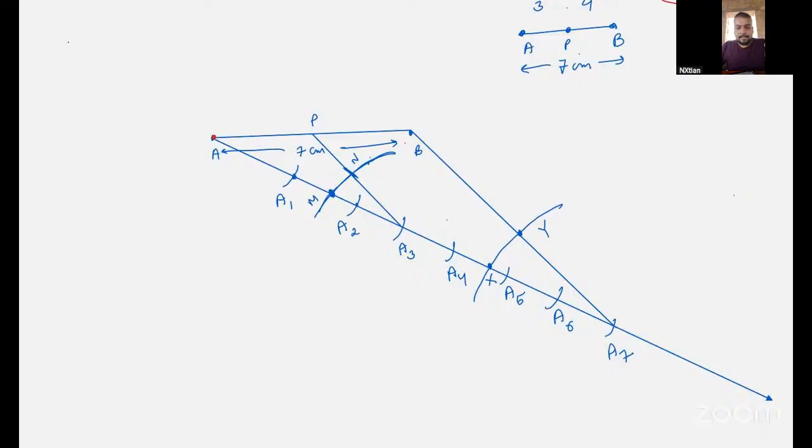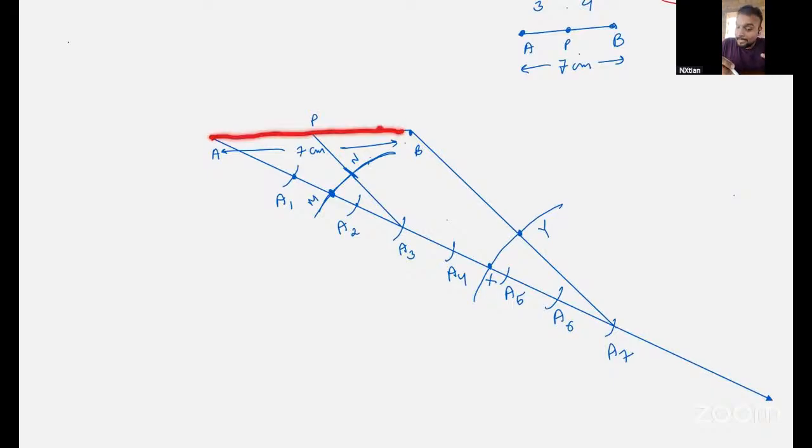Now we will understand the concept behind that. Why we did this much things together. Everyone done how to make the diagram? Now I am explaining the concept. There is a line segment of 7 centimeter.